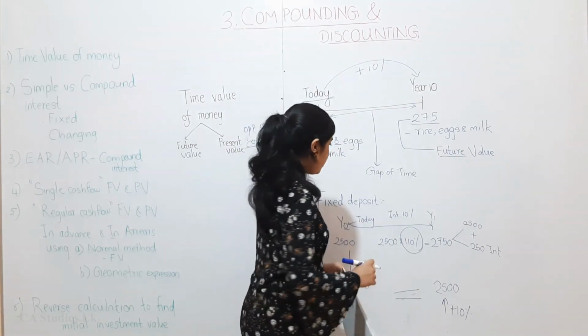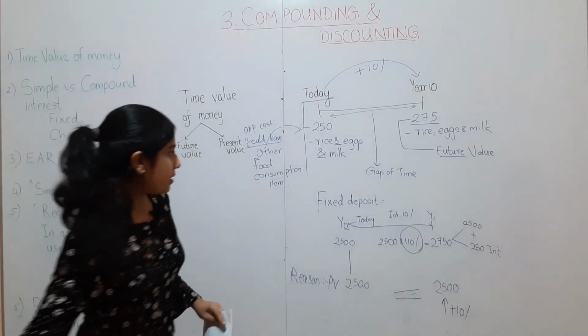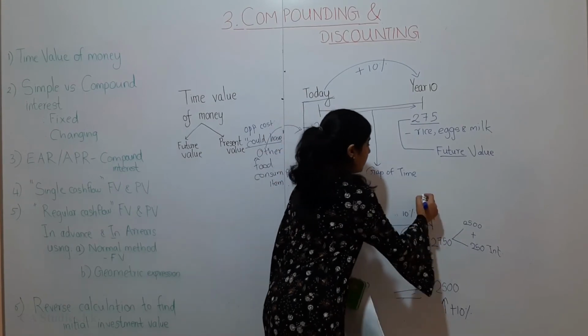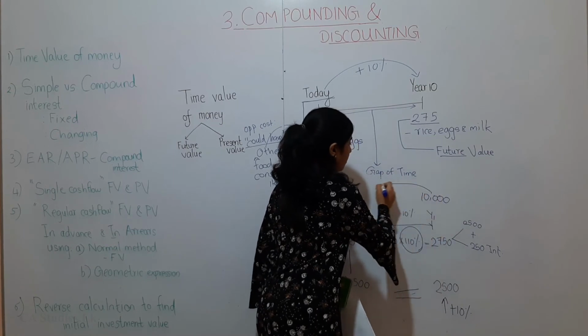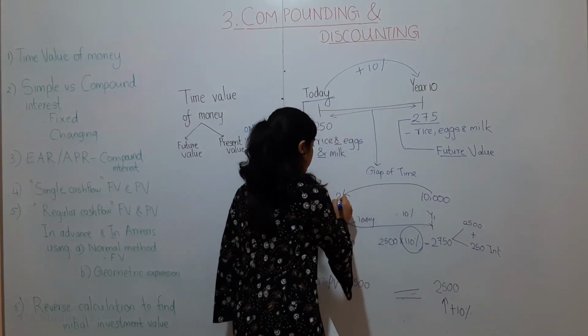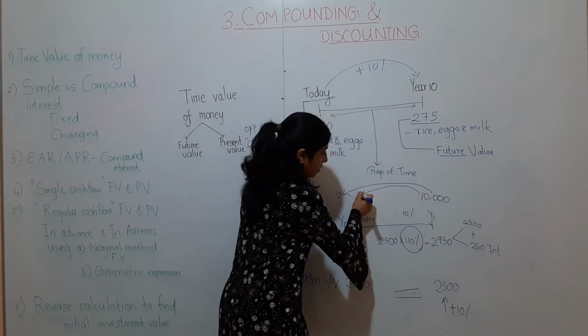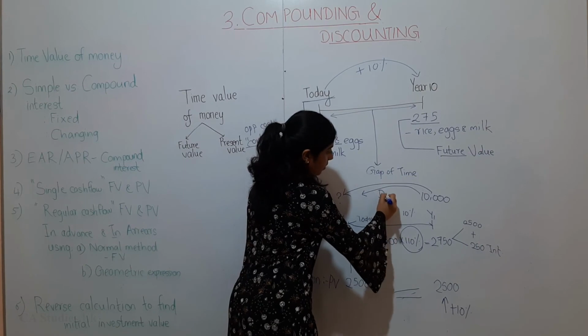Then in this case, if we are to draw it, they are saying 10,000 we will give you in 1 year's time. What is the value of 10,000 today is our question. Finding it in reverse, that action is called discounting.